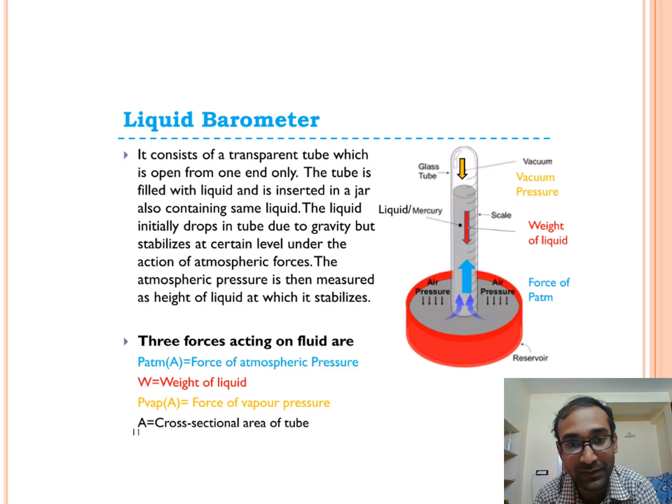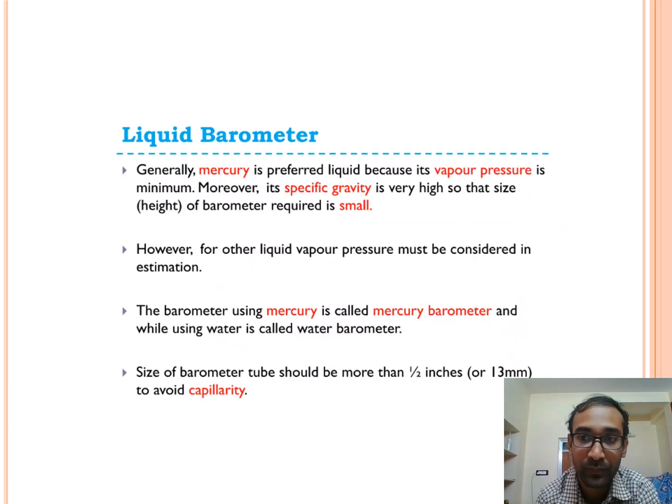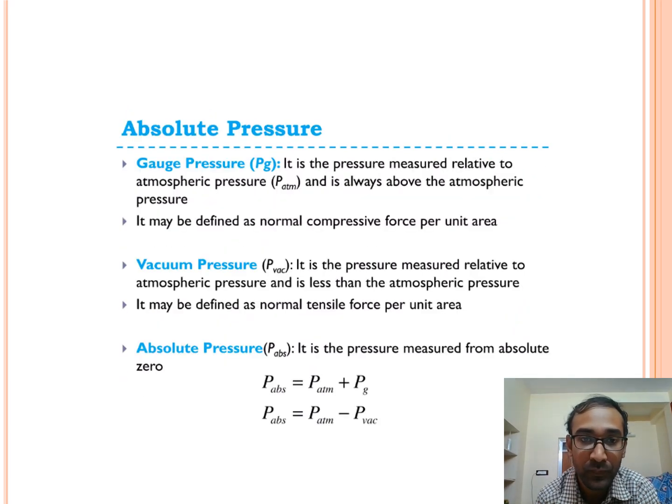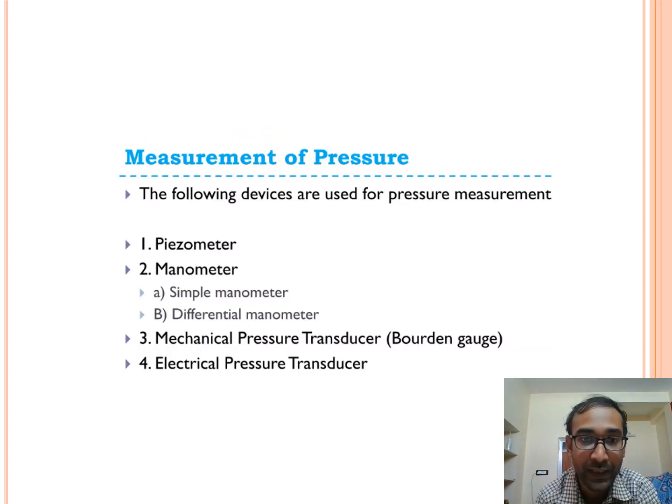The atmospheric pressure is then measured as the height of the liquid at which it stabilizes. So this is the gauge pressure, vacuum pressure, absolute pressure.